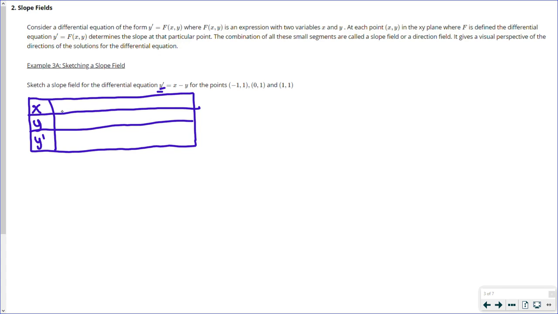So the first point we have is negative 1, 1. The second point we have is 0, 1. And the third point we're asked to plot is 1, 1. To find the y prime, we just plug it into our equation. So for this first one, our y prime is going to be equal to x minus y.